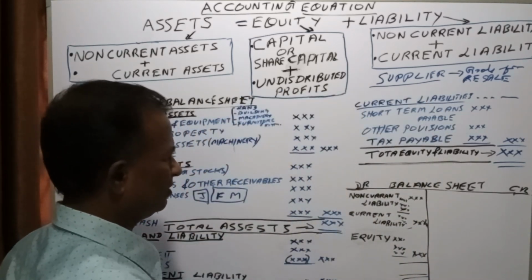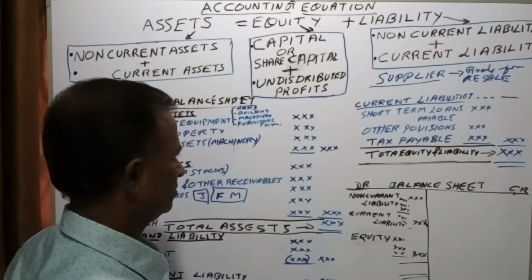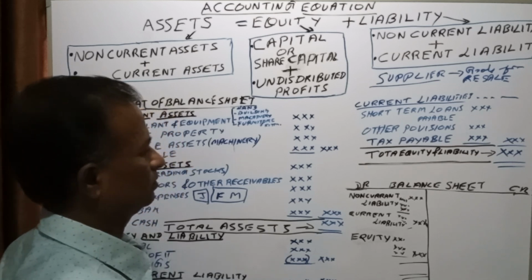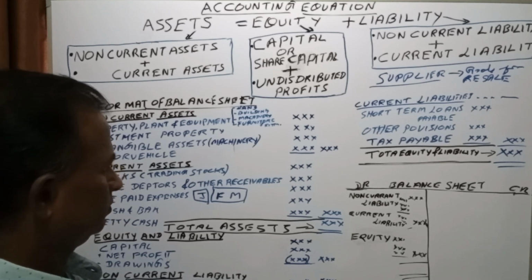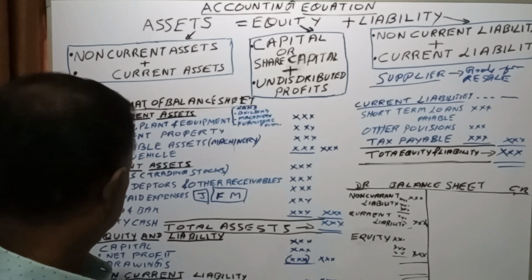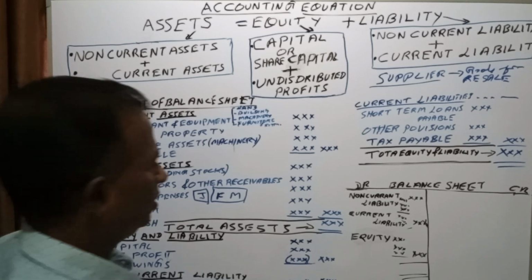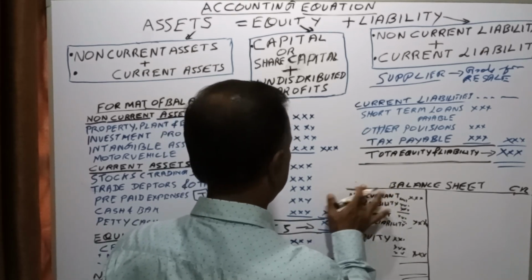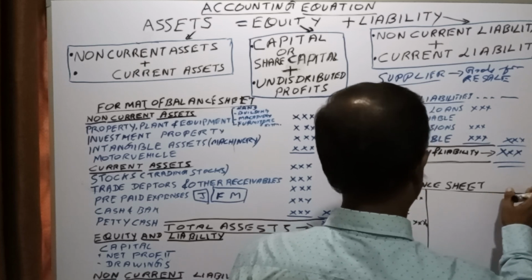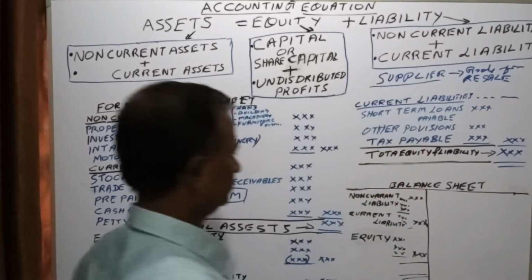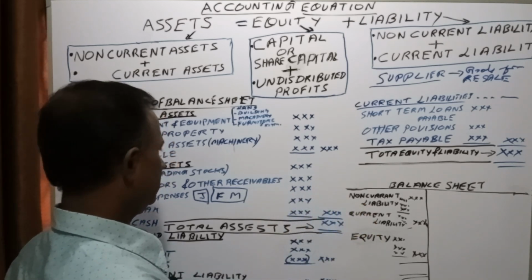Normally here we don't say debit and credit; you say non-current liabilities, current liabilities.